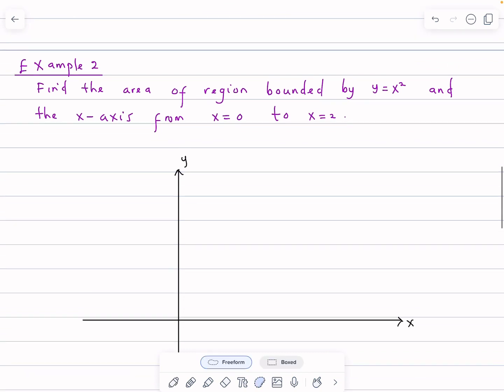The graph of y is equal to x squared is a quadratic graph. It's going to be something like this. It's not perfect, but something like that.